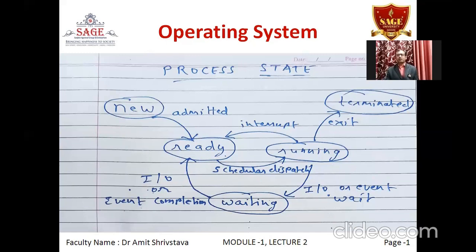Whenever we make any program, it is nothing but a combination of statements which need either the CPU for calculation or computation purposes, or the input output devices, like the keyboard for taking the input, or the printer for giving the output, or maybe storing something into the hard disk.